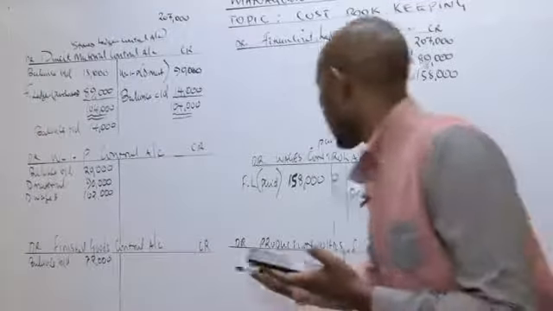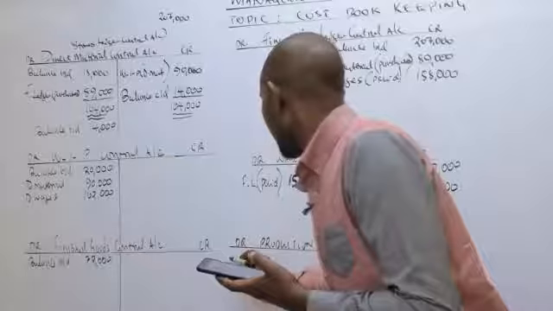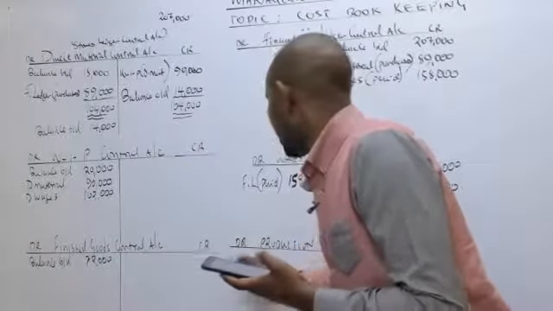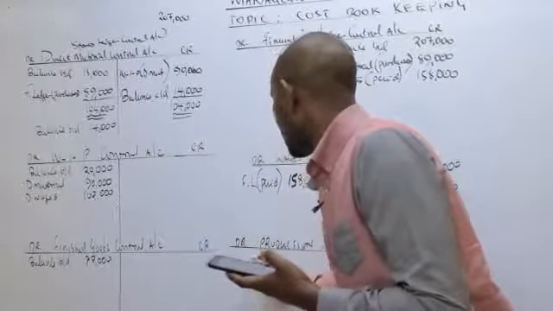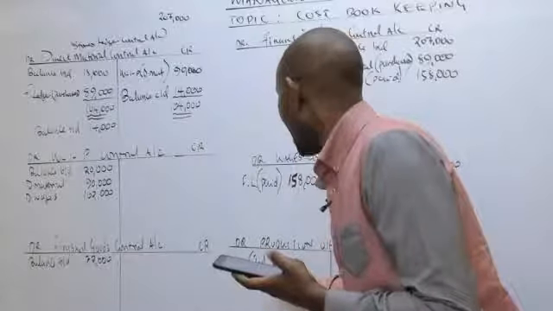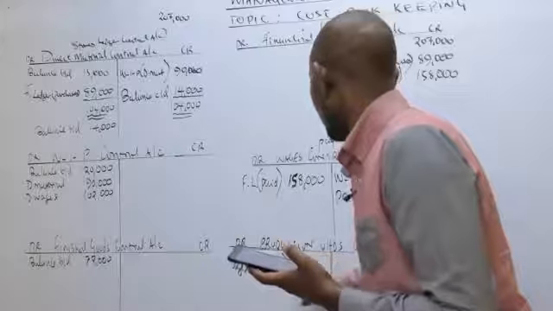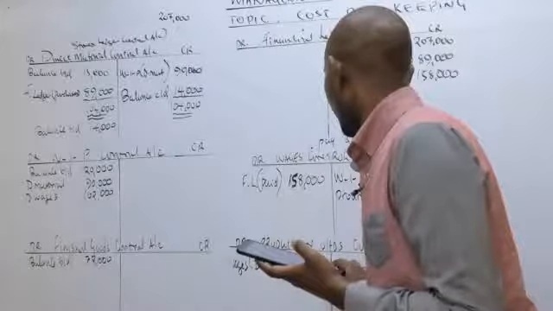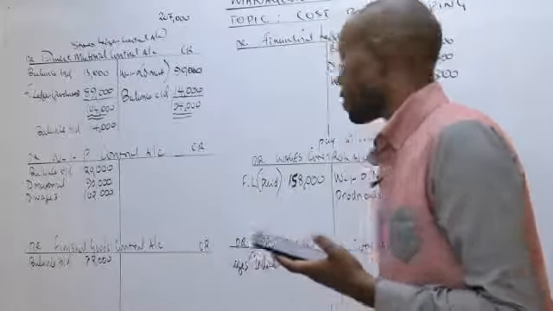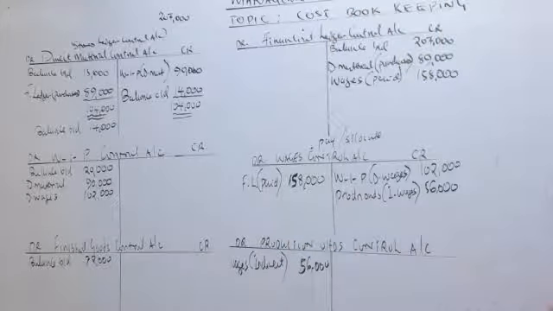And so I come here and say wages, specifically indirect wages. And the amount is 56,000.